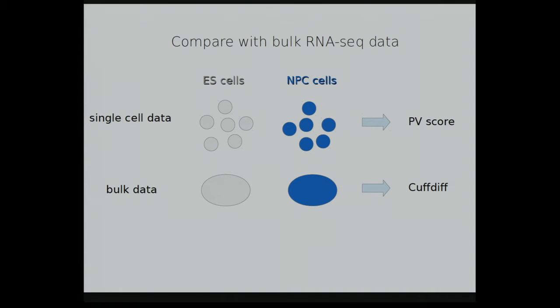For the same cells, we also sequenced bulk RNA-seq, so we have bulk data for the ES cells and bulk data for the NPC cells. Based on these two samples, I applied CuffDiff, which can be used to find differentially spliced genes between two bulk samples. So now the question is, what is in common between what we find and what CuffDiff finds with the bulk RNA-seq data, and what is the extra thing that we find?